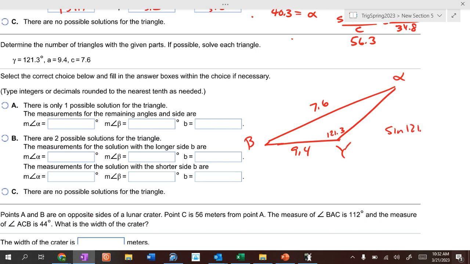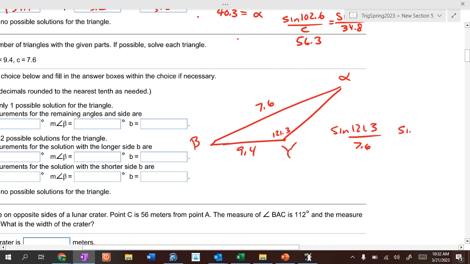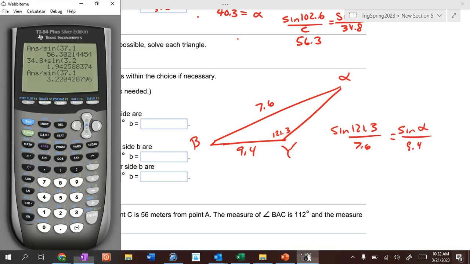Sine of 121.3 over 7.6 equals the sine of alpha over 9.4. So 9.4 times the sine of 121.3 divided by 7.6 is 1.5.